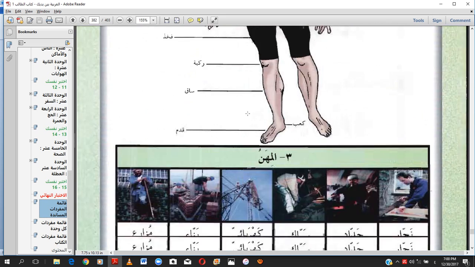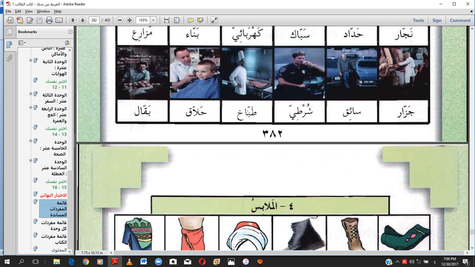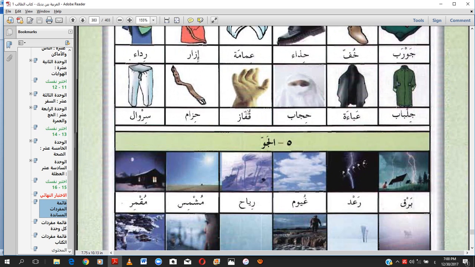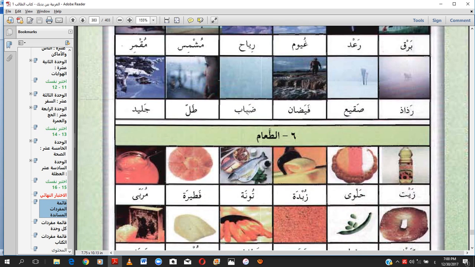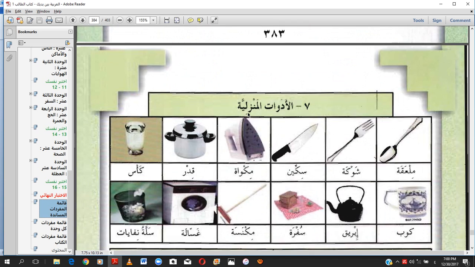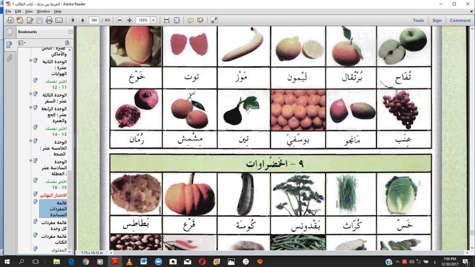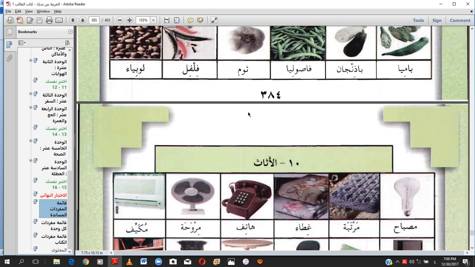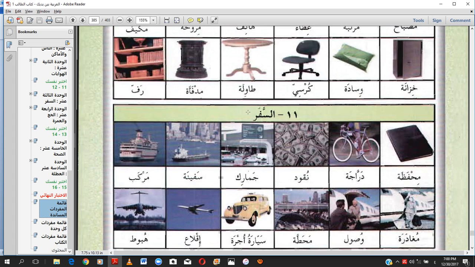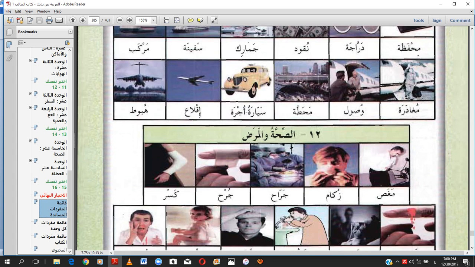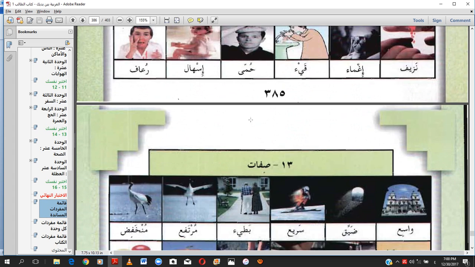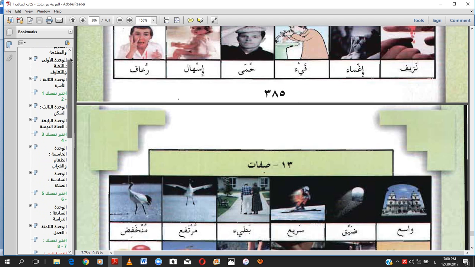They have the map, body parts, jobs, clothes, weather, food, tools for the house, fruits, vegetables, furniture, travel, sickness and health, all sorts of wonderful words that you can use to make sentences with and progress in your Arabic studies. Yeah, man? Okay, so where were we?